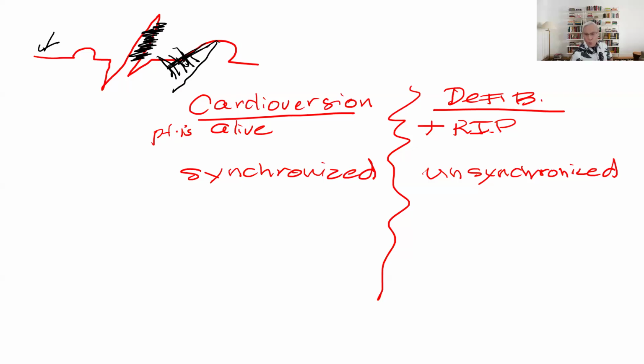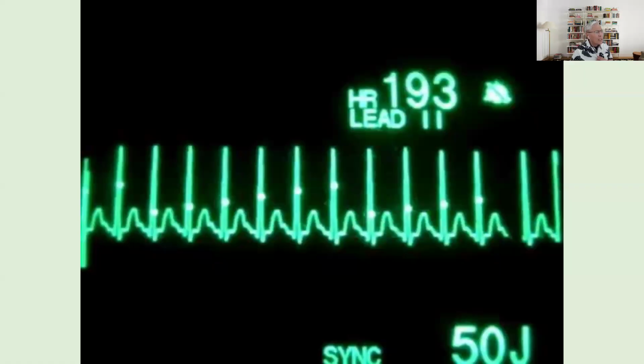The machine is so wise and says, okay, I will show you where I will deliver the electrical current so you will know. This is exactly what you see right over here. You see an electrocardiogram with white dots. Do you see the white dots?